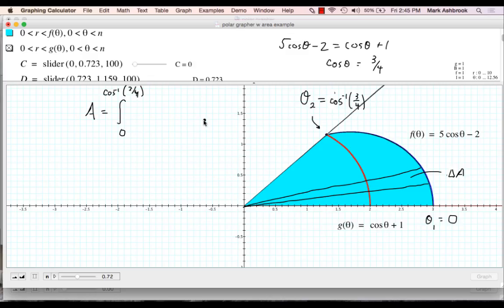What are we going to have? 1/2. So does it have to do with both of them or just one of them? What's defining the outer edge of this region is just f. So g really doesn't play in except for getting that intersection point. So yeah, we're going to have 5 cosine theta minus 2 squared d theta. That's it. That integral will give us that area.